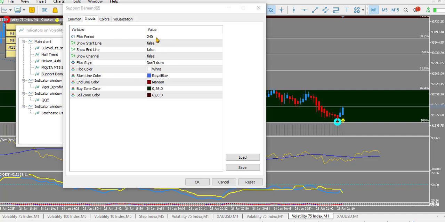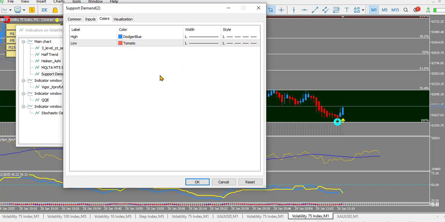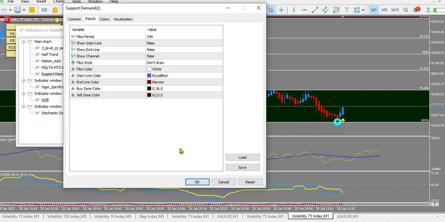Fibo period is around 40. This is the H4 setting. The Fibo is drawn from the H4 setting, so it is a bit secure and stable since I'm trading on the 1 minute time frame. Everything else that you want, you can turn on or off, all depends on you. This is where you can change the color.